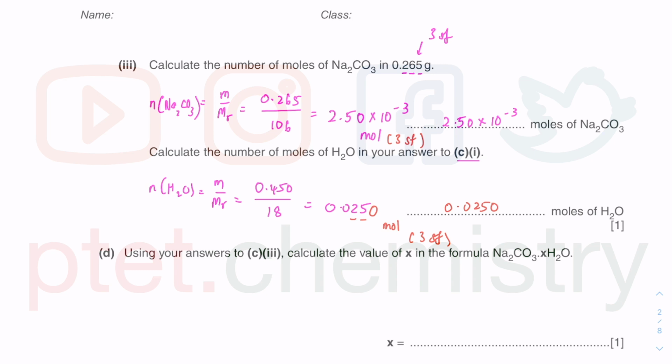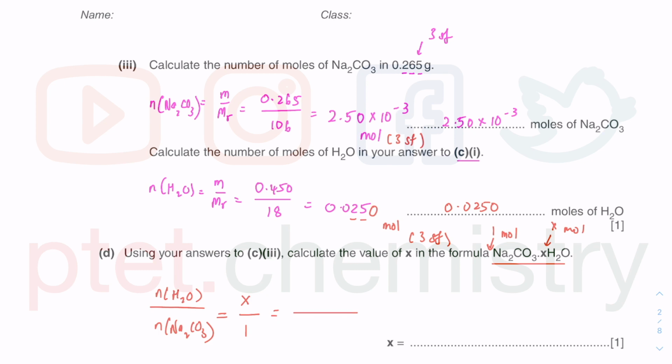And just to wrap up this question, in this formula unit, this is a balanced formula for this particular compound. So no number in front means this is 1 mole. So 1 mole of these will have X mole of water. So I could say the mole of water over the mole of sodium carbonate from the formula is X mole of water in 1 mole of sodium carbonate, and then equal to the actual amount.